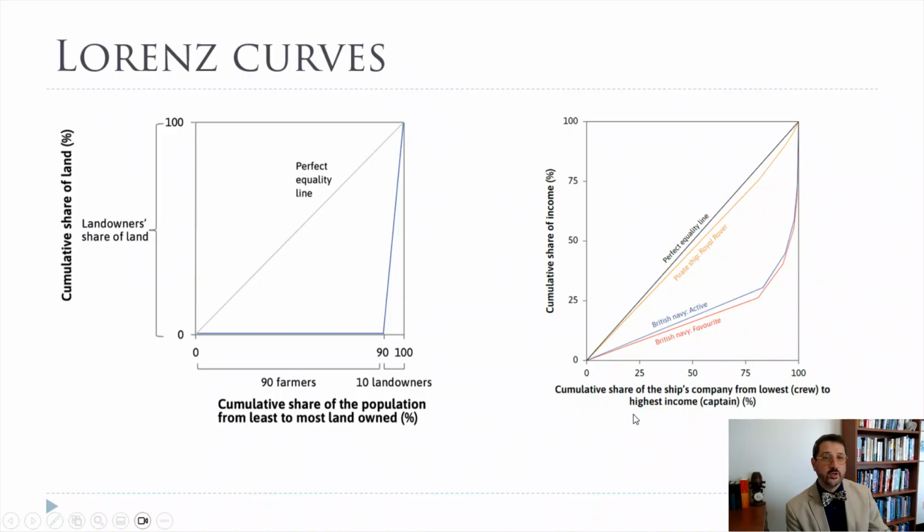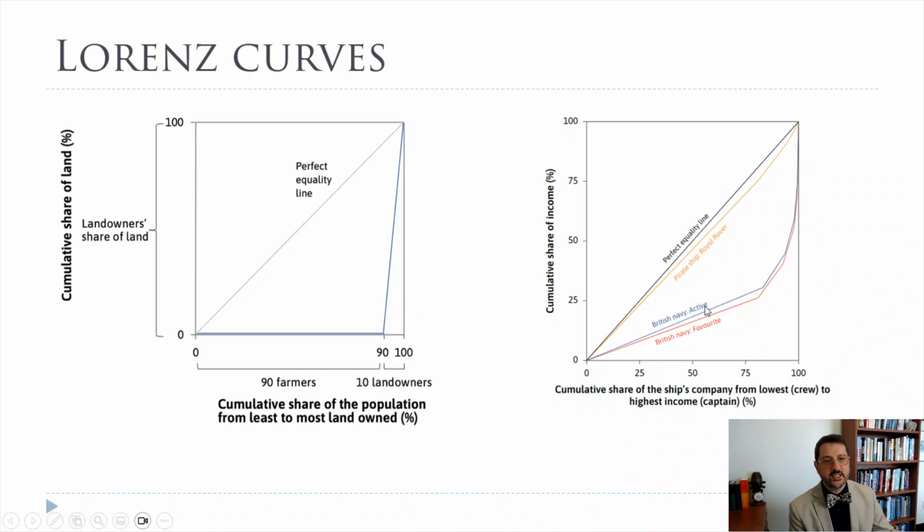And we have three different ships, two from the 17th or 18th century, and one from the 21st century. And so what we see is we have a pirate ship, Royal Rover, from back in the day, and a British Navy ship, Favorite, also from about the same time as the Royal Rover. And then we have the active British Navy from one ship.